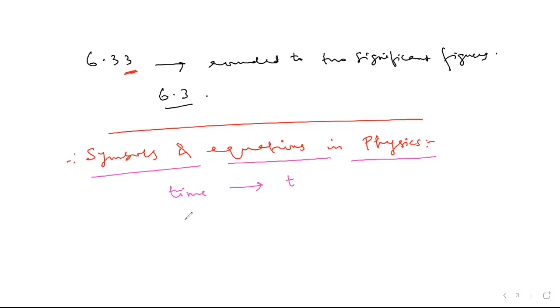For example, the Greek letter rho is used for density, right? The symbol represents a numerical value and its unit.